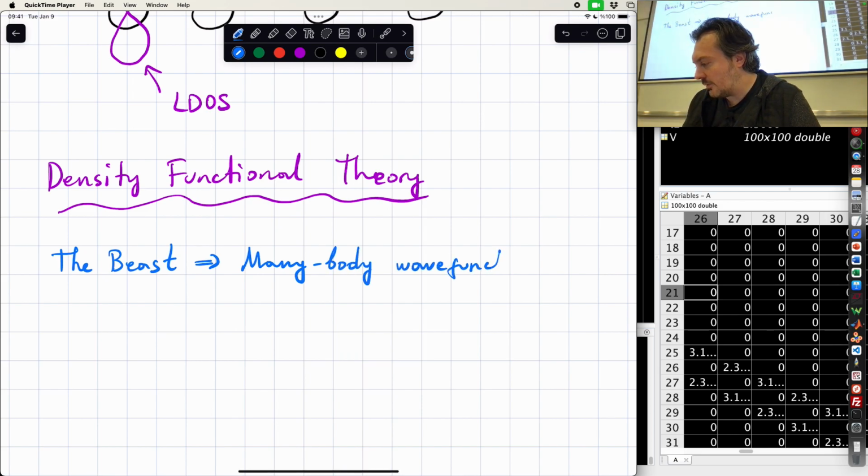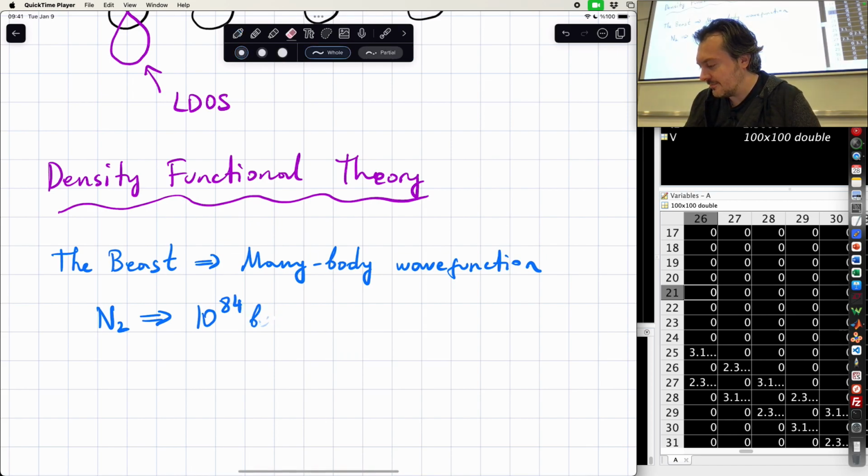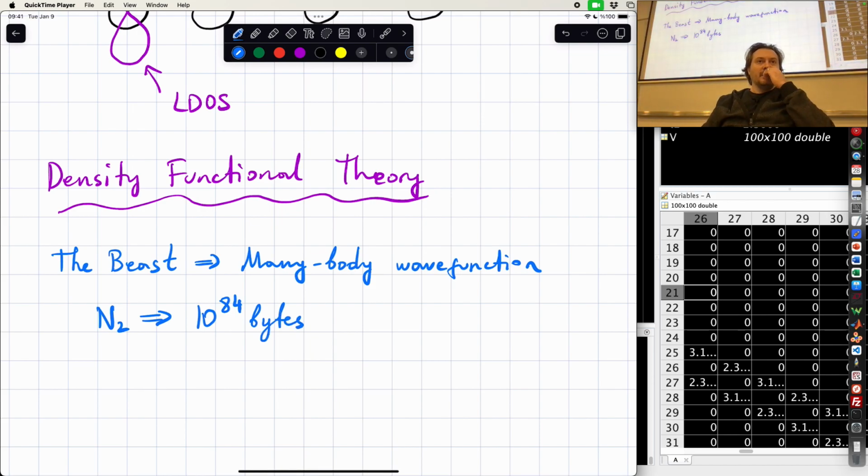We already know why this is a beast, right? Because even for a nitrogen molecule, we calculated it to have this many bytes, right? So how are we going to calculate anything at all, right?